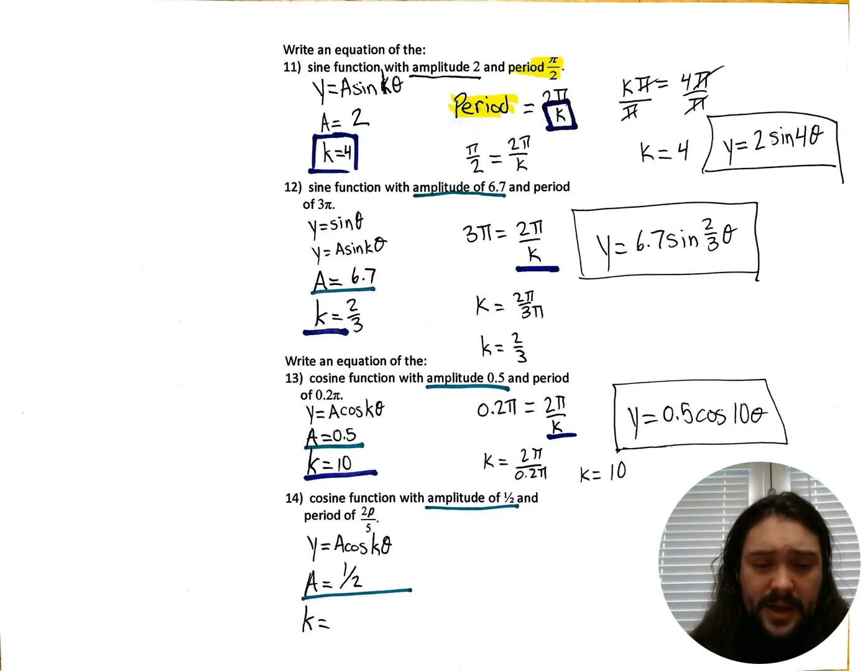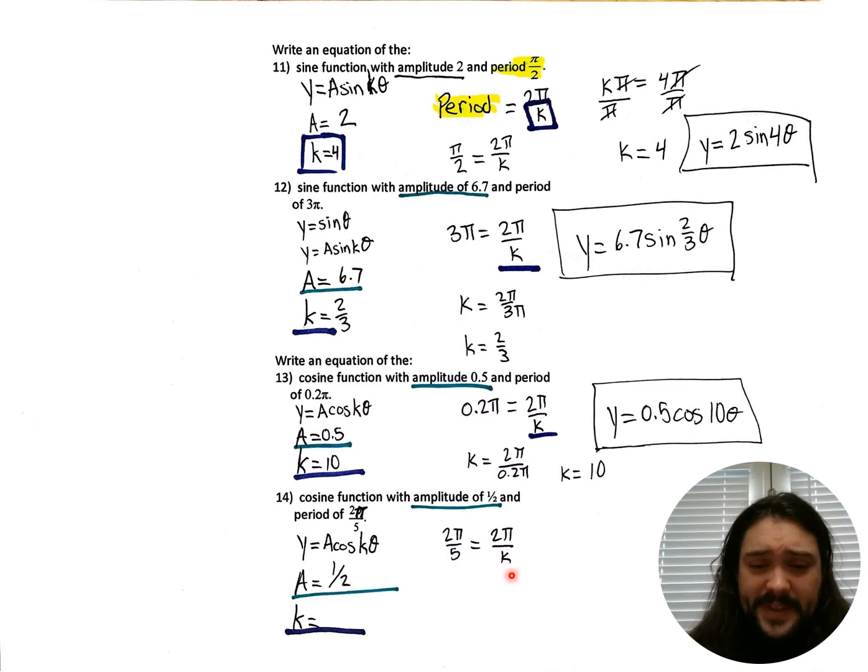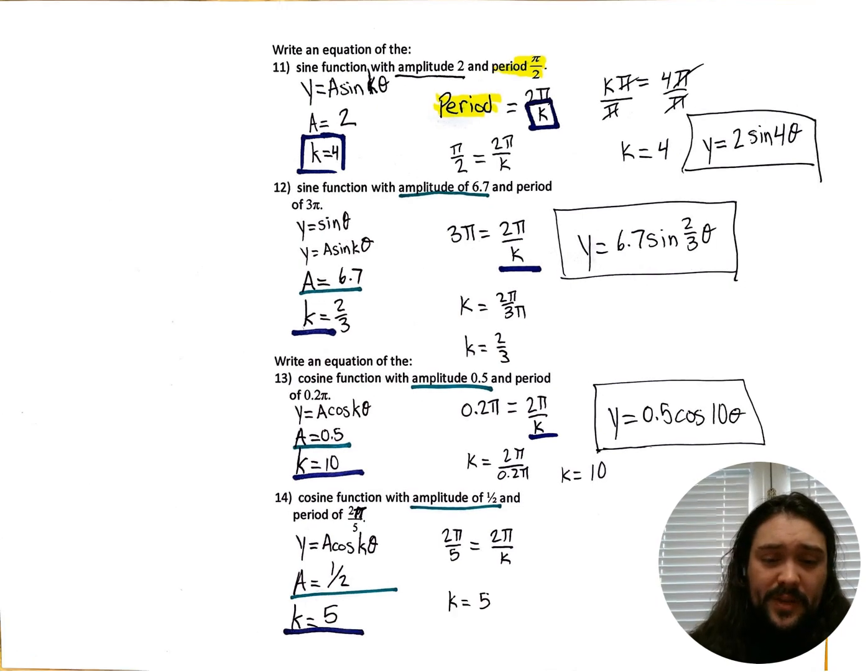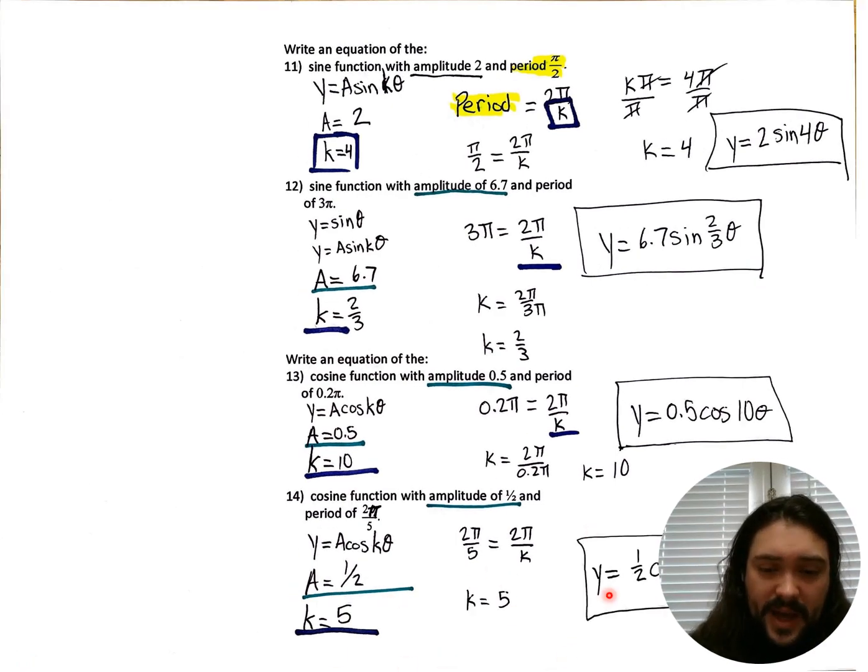And so there we go. 2 pi fifths equals 2 pi over k. This one is pretty straightforward, right? 2 pi, 5. So k has to be 5 as well. So k is 5, which makes our equation 1/2 cosine 5 theta. And that's it.